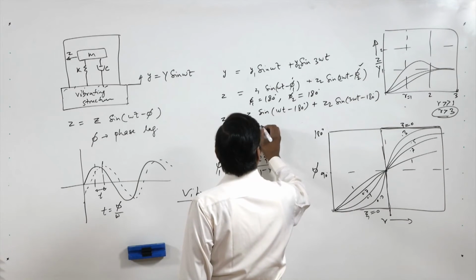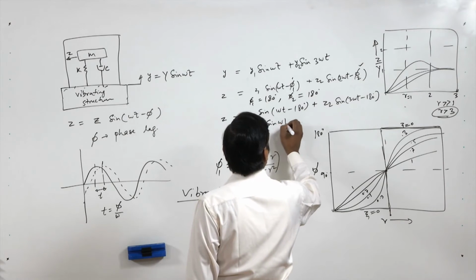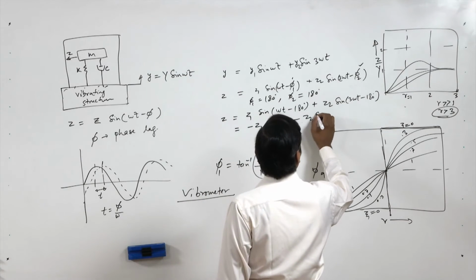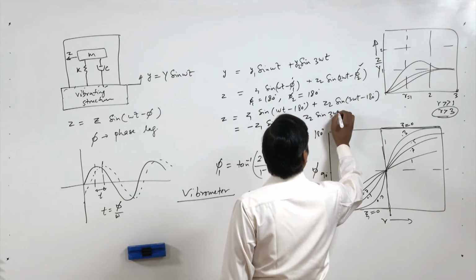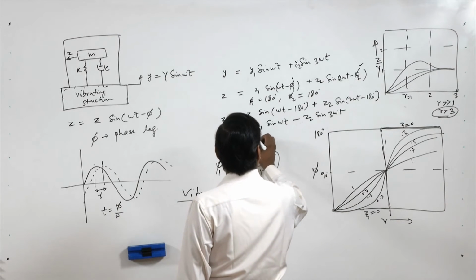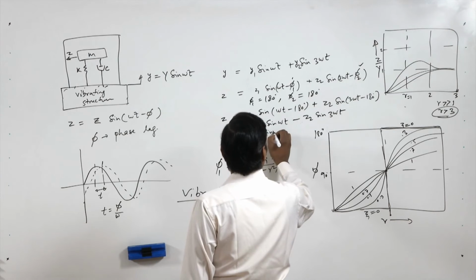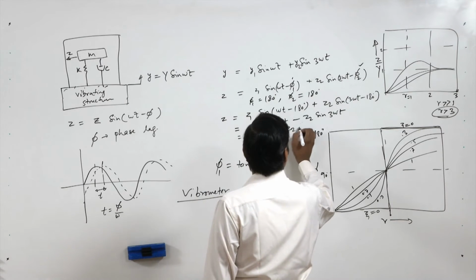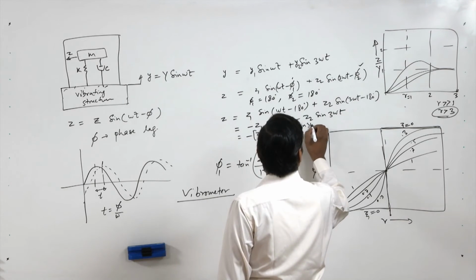So it is minus z1 sin omega t, and this is minus z2 sin 3 omega t, and so it is minus z1 sin omega t plus z2 sin 3 omega t.